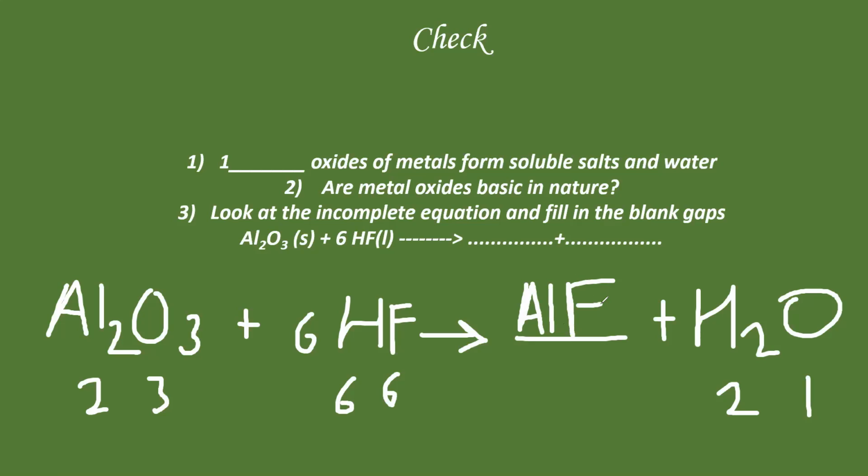So I get aluminum fluoride. But now we have to stabilize the equation. For that, you have to know the atomic numbers and everything, but it's okay for today. So it is nothing but AlF3. The reason is aluminum ka valency 3 hai. What is valency? I'll tell you later on. Now you just have to write 2 over here to stabilize the equation.